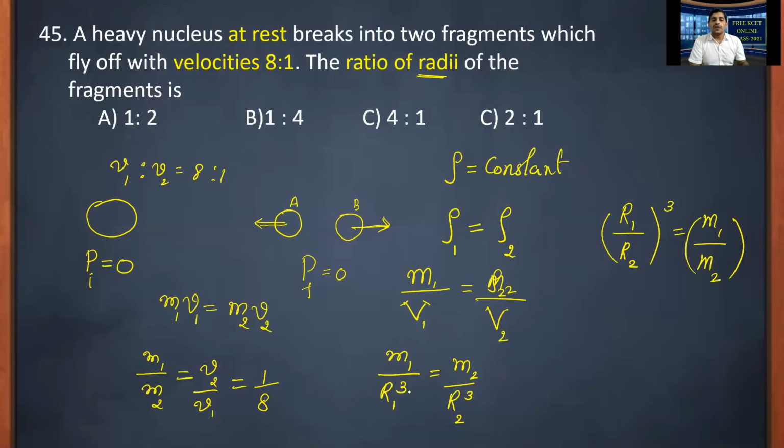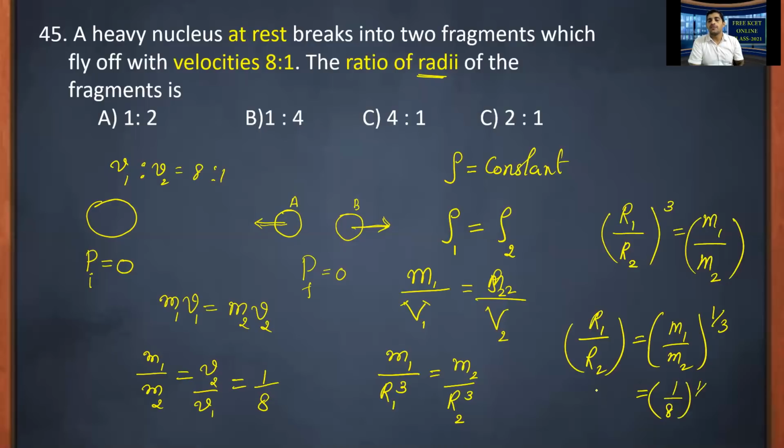So that implies r1 by r2 is equal to the cube root of m1 by m2. What is m1 by m2? It is 1 by 8. The cube root of 1 by 8 comes to be 1 by 2. So it will be 1:2.